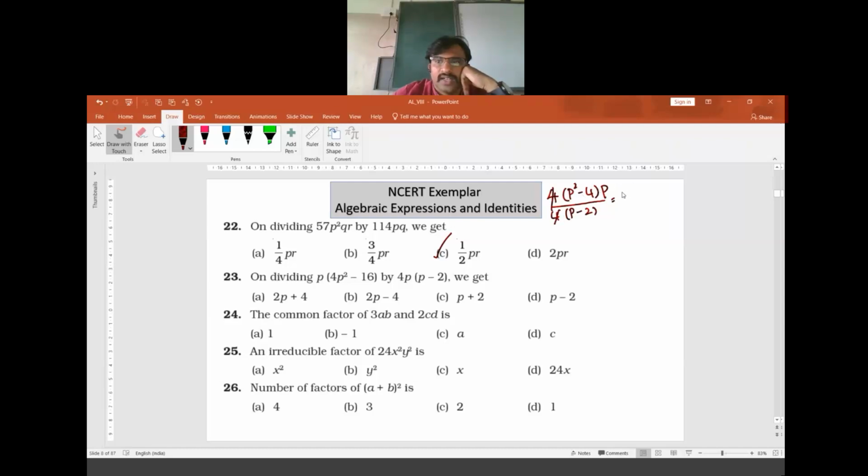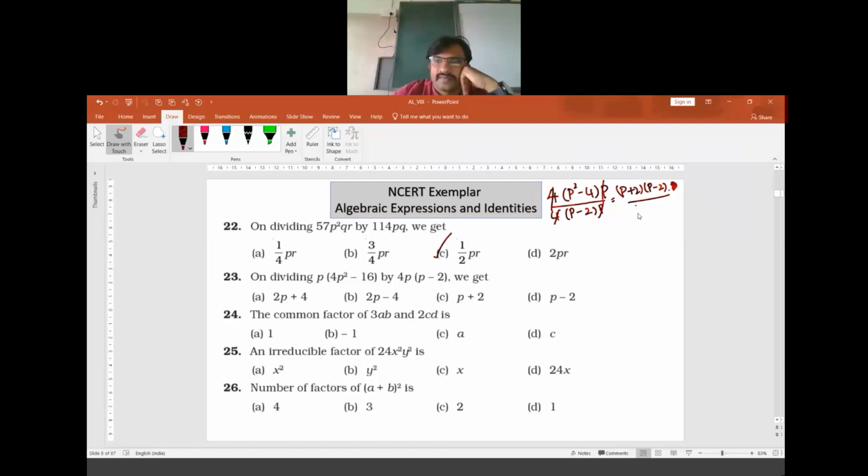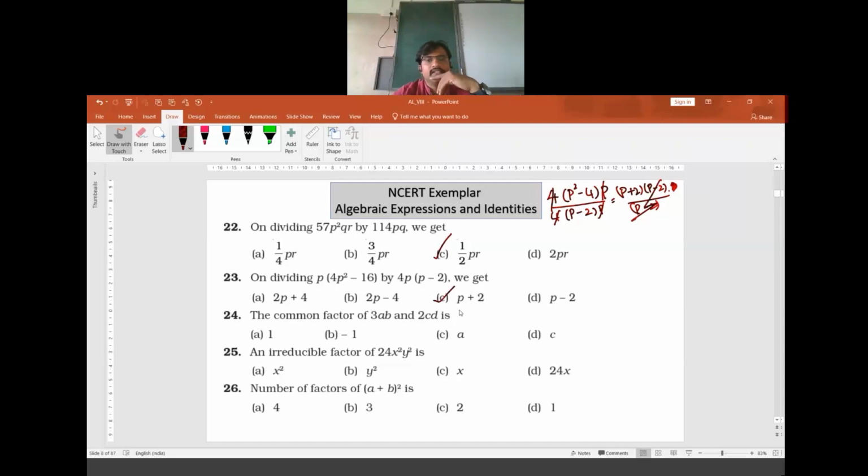This numerator is something like P plus 2 into P minus 2. They have given 4P in the denominator, so P also gets cancelled. So the answer is P plus 2, option C. Is it clear to everyone?